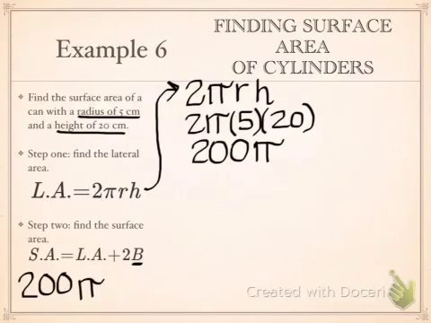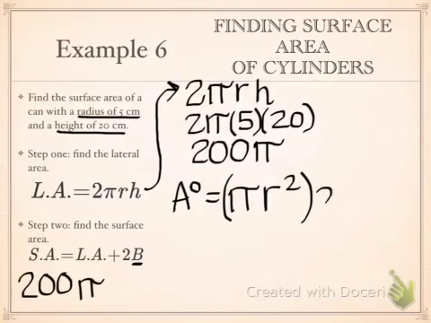All it tells you is this capital B. But we know from our experience that the area of a circle is pi r squared. And because we have 2 bases on a cylinder, not just one, we're going to multiply that times 2.